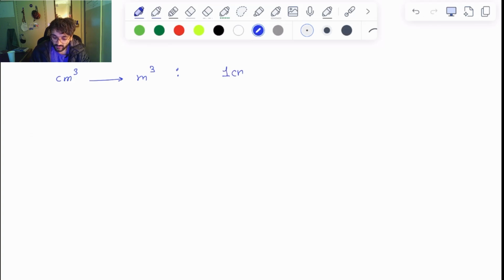So 1 centimeter is equal to 1 over 100 meters. One part out of 100 parts of a meter is 1 centimeter, right? 1 centimeter cube is just 1 centimeter times 1 centimeter times 1 centimeter.